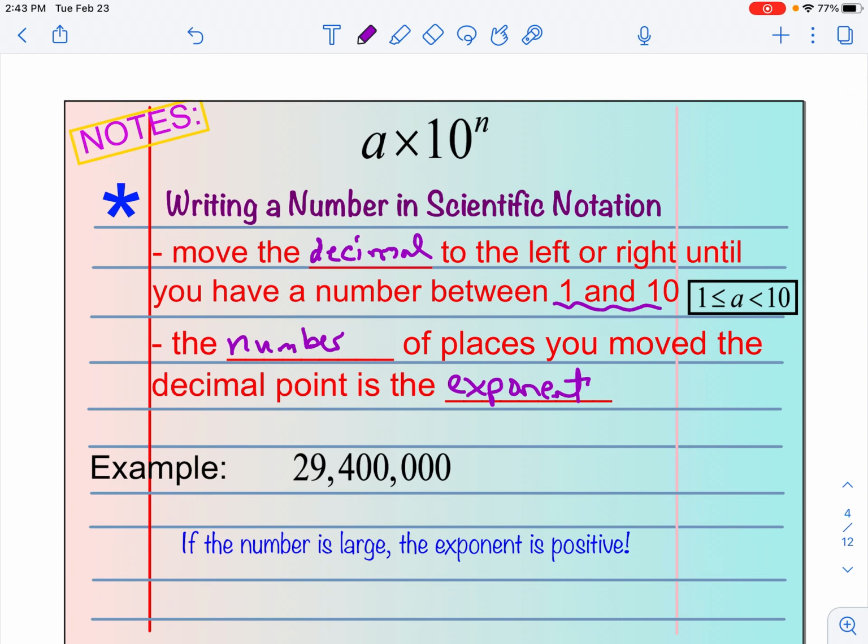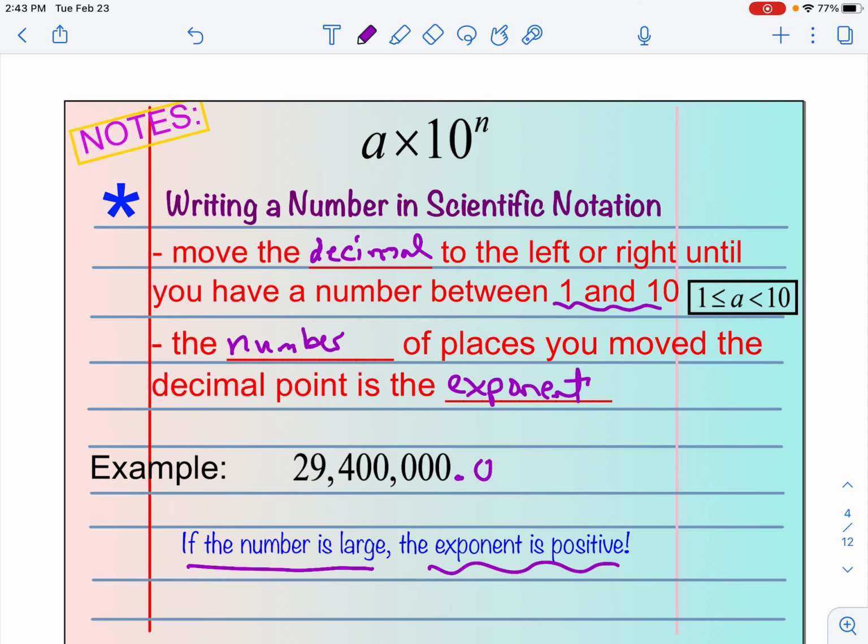So, for example, 29,400,000, okay? That's a very large number. So you can expect the exponent to be positive because you're going to be multiplying by 10 over and over to make it a really large number.